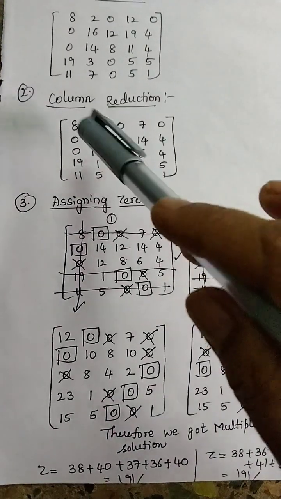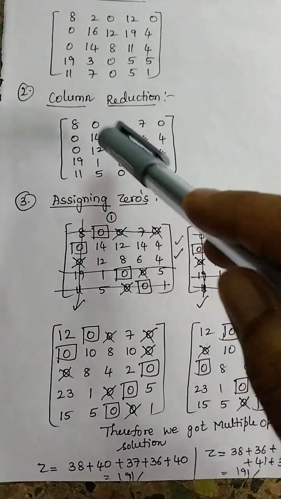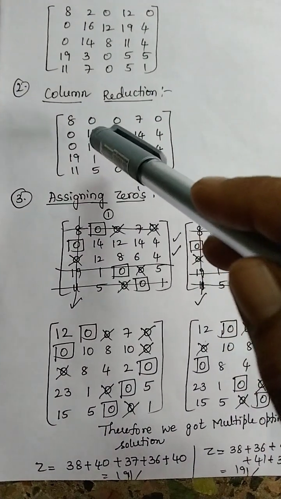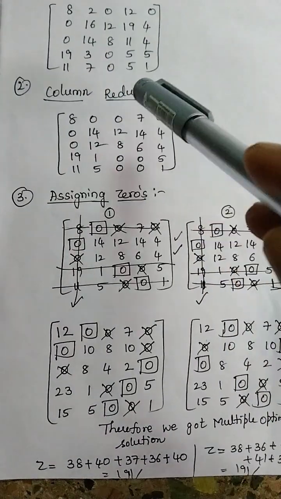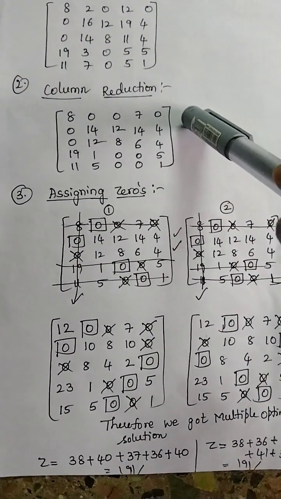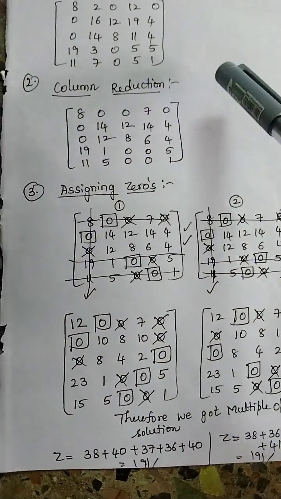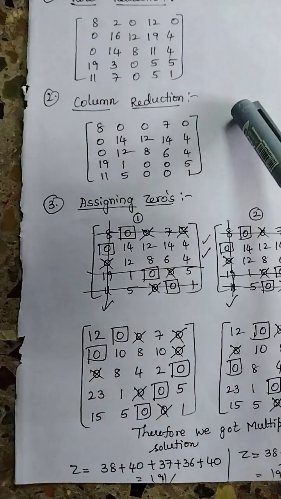In the first column, already one assignment is done. In the second column, there is only one single zero. So, assign that 0 and cancel these 2 zeros in the first row. When the assignment is done in the column, we have to cancel the zeros in that row.